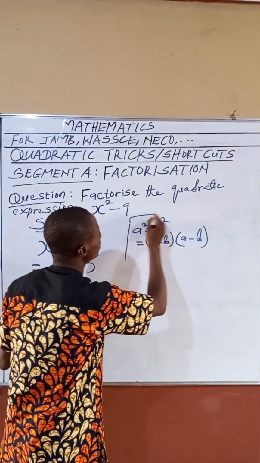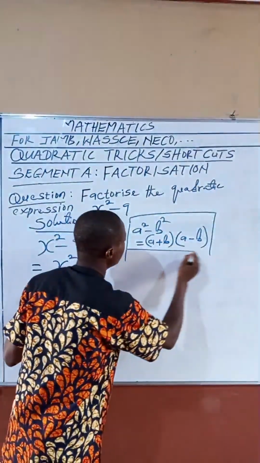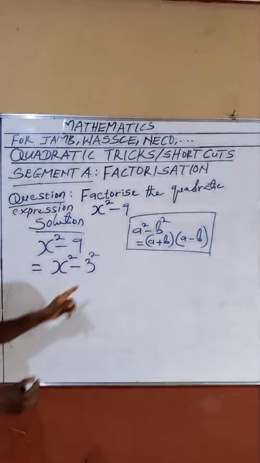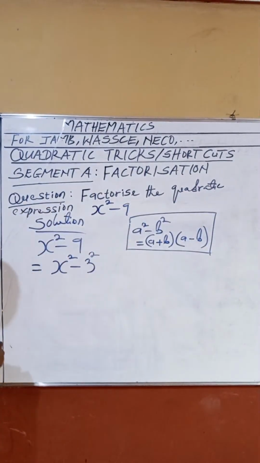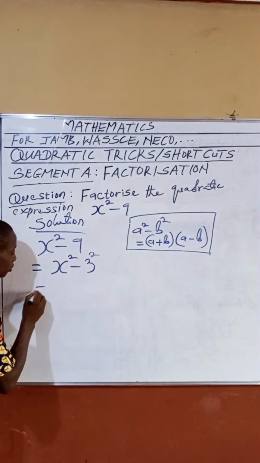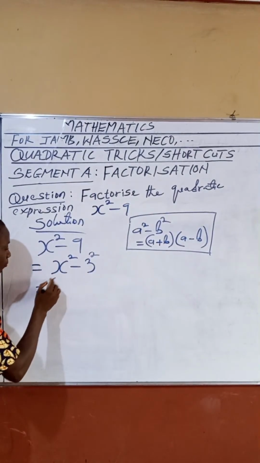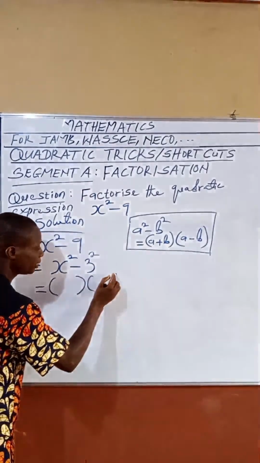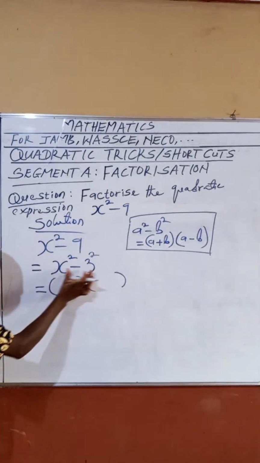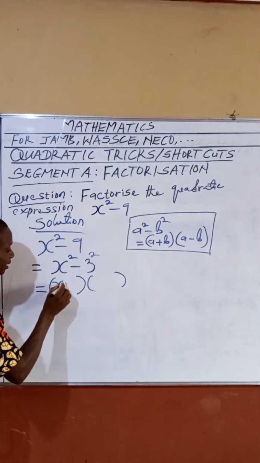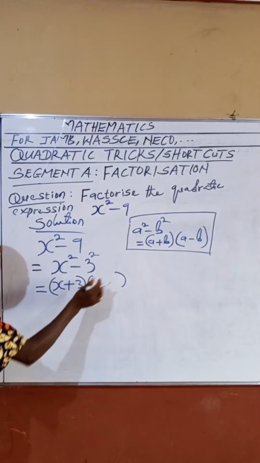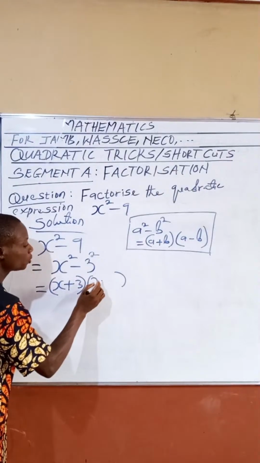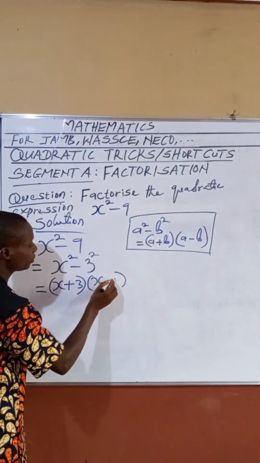Please don't forget. Yes, I'm going to put it here for us to use it as a trick. So this is exactly what we are going to do right here. We are going to create two brackets. In the first one, we'll put x plus 3, and in the second one, we'll put x minus 3.